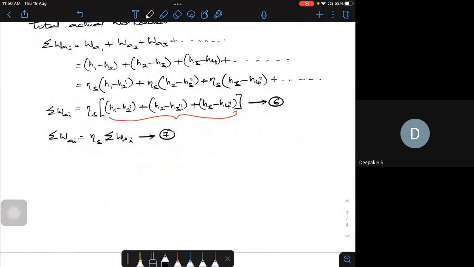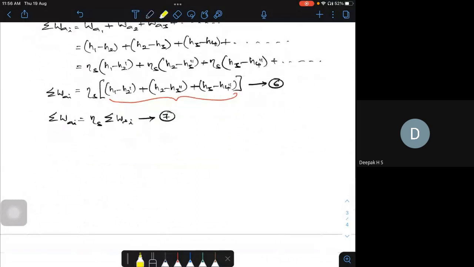Now, if the steam is expanded in a single stage, in that case, what will happen?